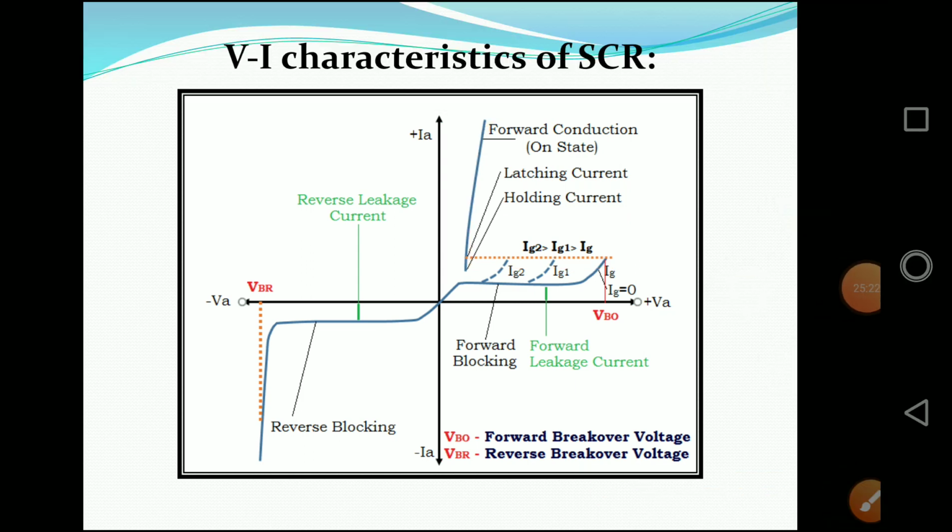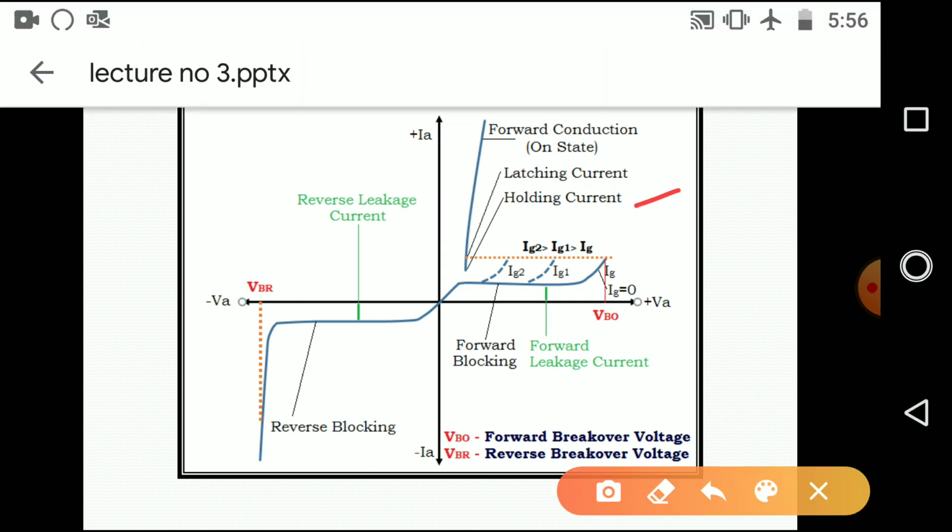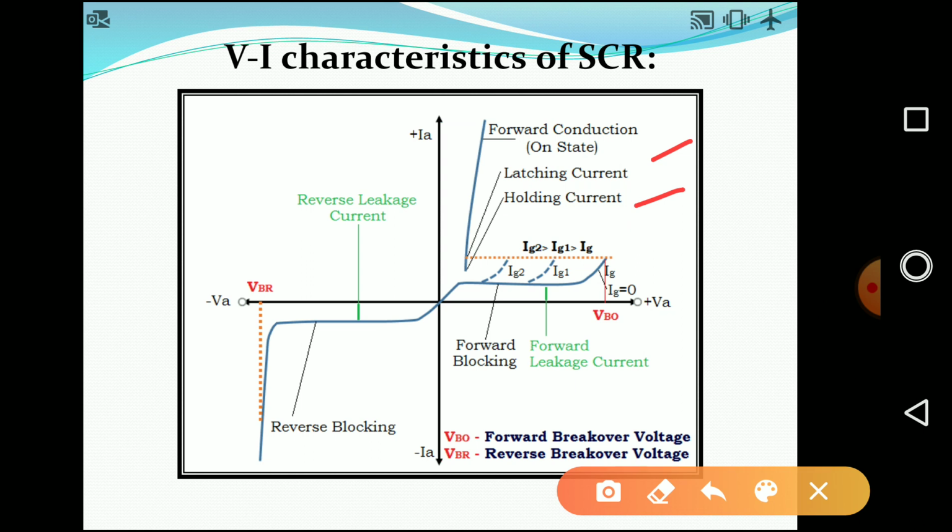So next, in a graph we can observe holding current and latching current. These are the minimum anode currents which are used for plotting the VI characteristics. The holding current is the minimum anode current which holds the SCR in the on state.